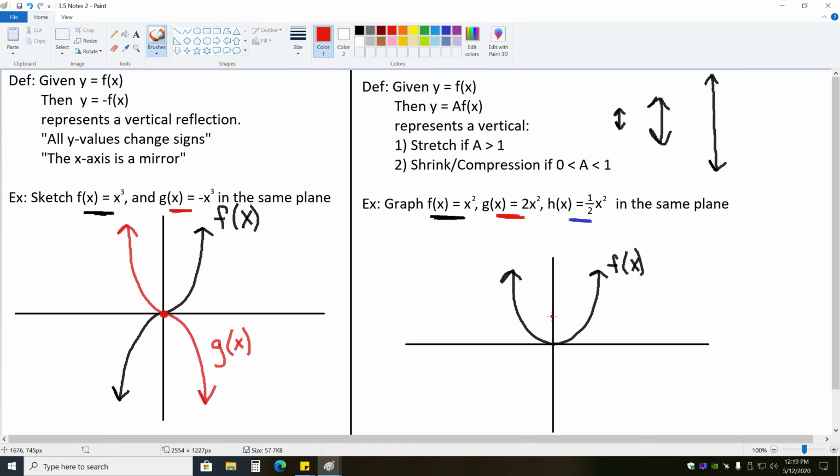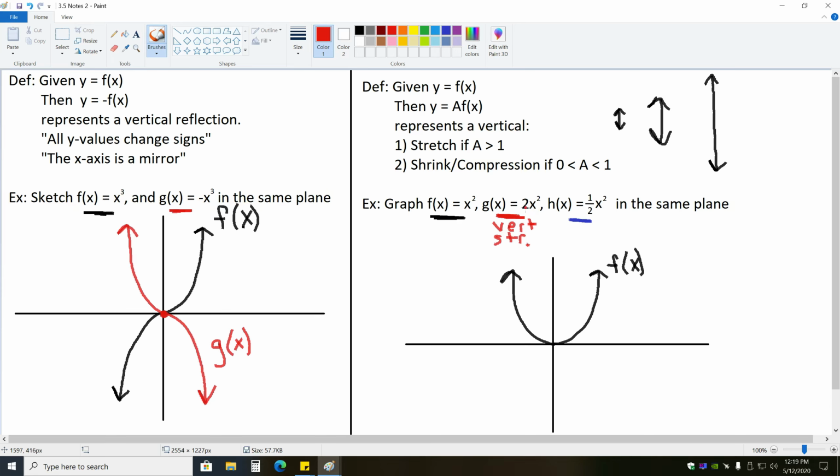Well, what happens if we multiply the function by 2? 2 is greater than 1, which means we have a vertical stretch happening here. I'm just going to hyphenate this because it's difficult to write with this mouse. So we have a vertical stretch happening when we multiply by 2.